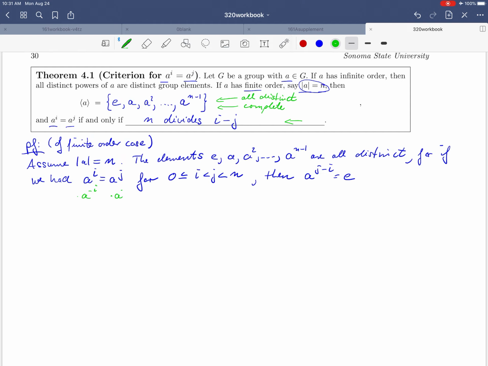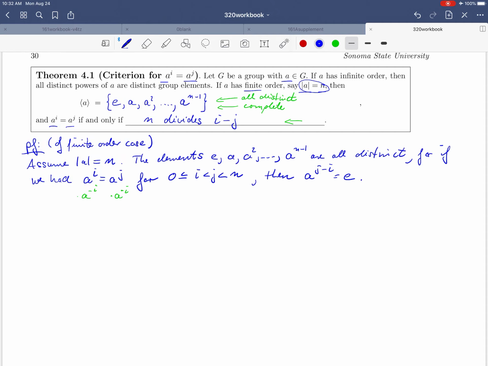The reason is that i is less than j, and I just want to deal with positive powers if possible. So anyway, I have A to the j minus i is equal to the identity.